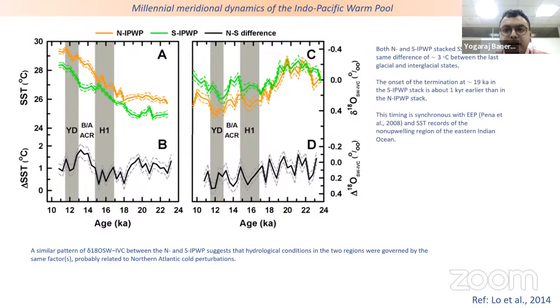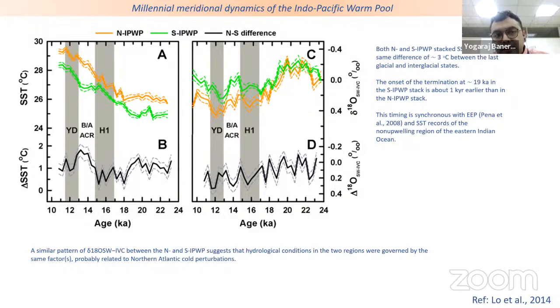So what we can see is that both the northern and the southern stacked records show the same amplitude of change in terms of temperature, which is around 3 degrees Celsius between the glacial and interglacial time periods.